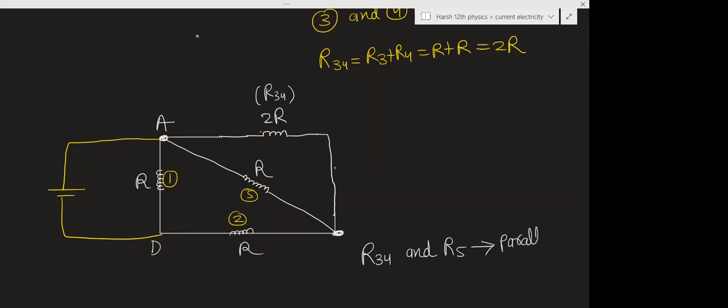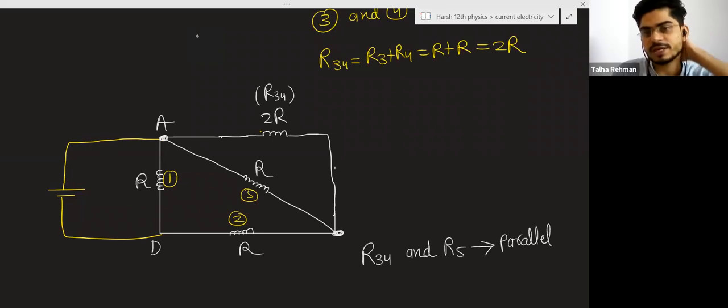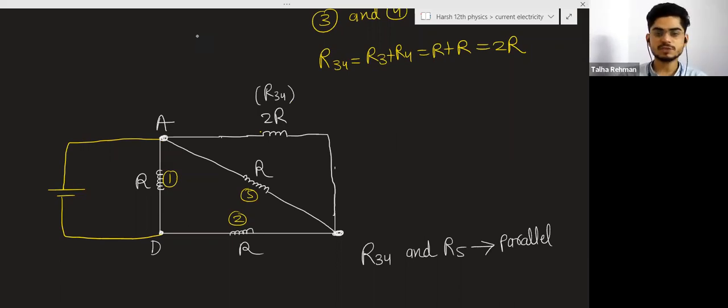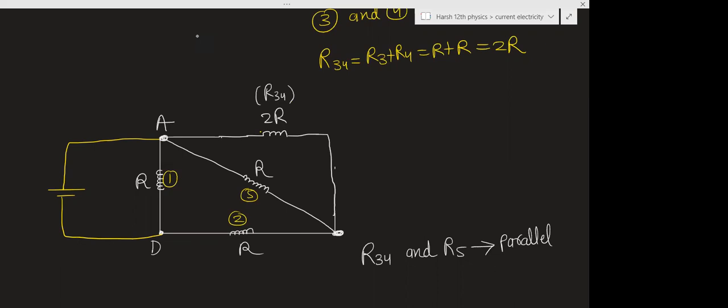And sir, R12 is also in parallel, right? No, we cannot say that, because here is a point, so current will divide. So we cannot identify the combination right now. But after the equivalence of these two resistances, maybe we can find.